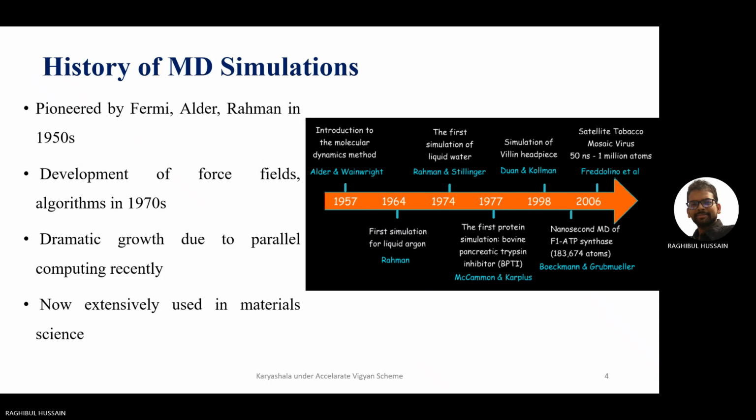When I used to do my MTech, I saw papers of 2005, 2006 or 2008. At that time, an RDF plot, the radial distribution function, which is a very basic plot of molecular dynamics, would give you a JPCB paper.